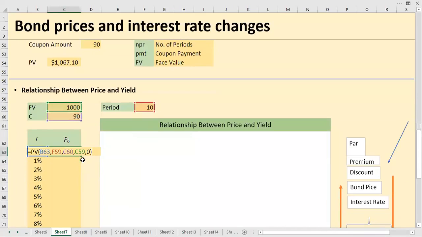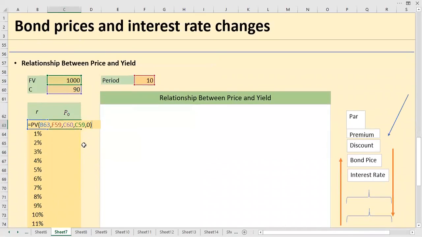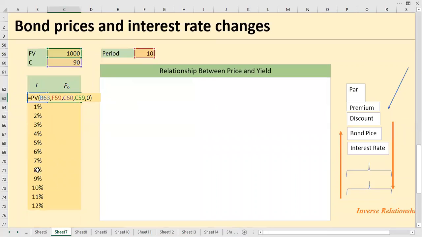But since I am trying to drag this formula down, copying it down to cell C75 here, I am going to freeze all these variables. So 1000 should be frozen. I press the F4 button, and the coupon value should be frozen, and the number of periods, 10, should be frozen. What is not frozen is the required rate of return.